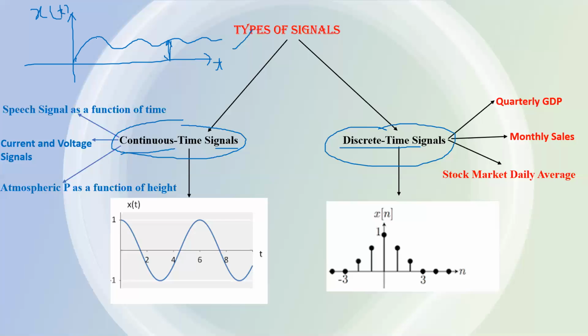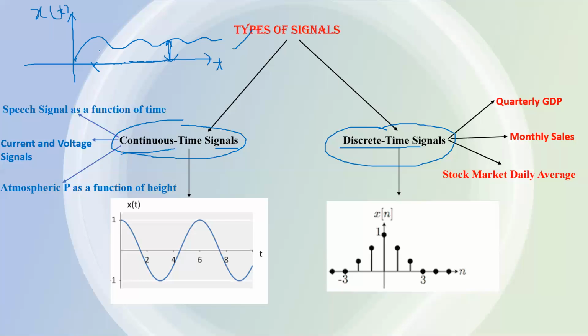So in this plot you can see the amplitude can be defined at each and every instant of time. Such a signal whose amplitude, whose strength can be defined at any instant of time, or is defined in the entire range of time, that type of signal is called a continuous time signal.